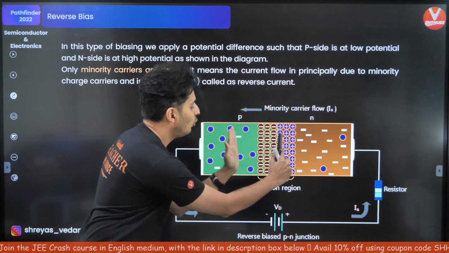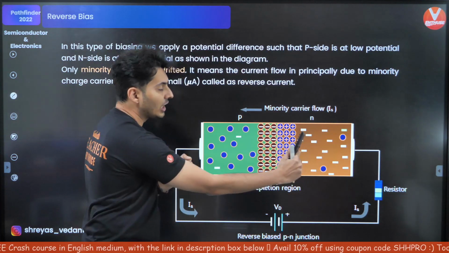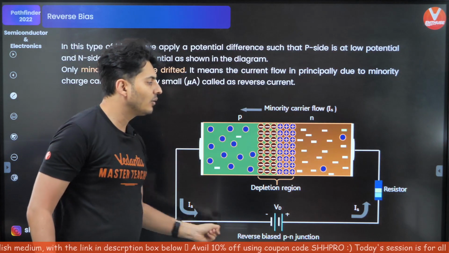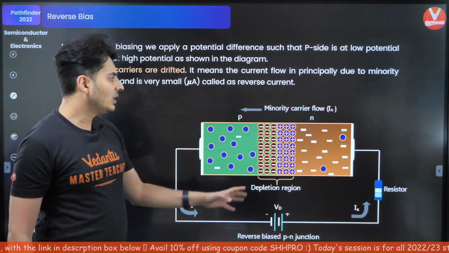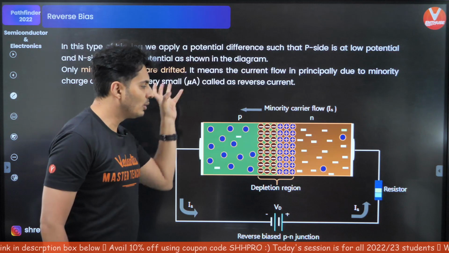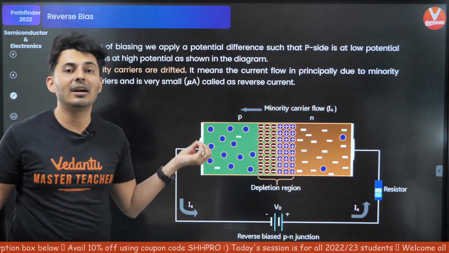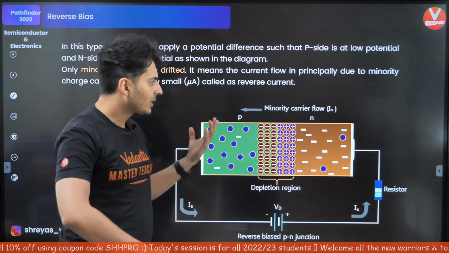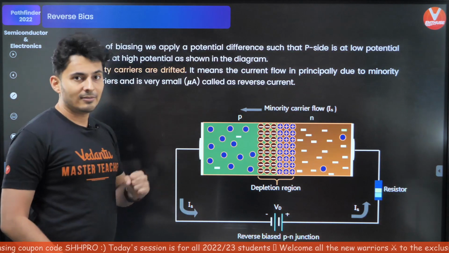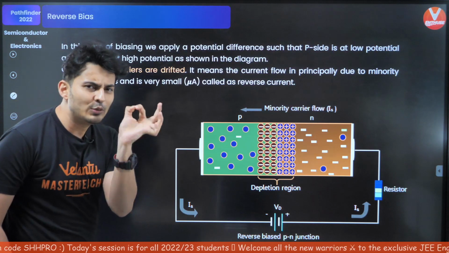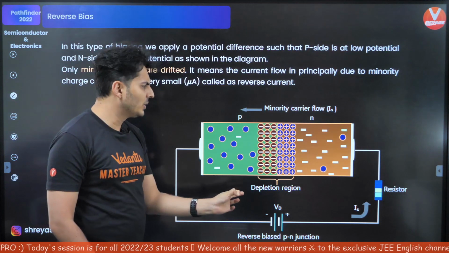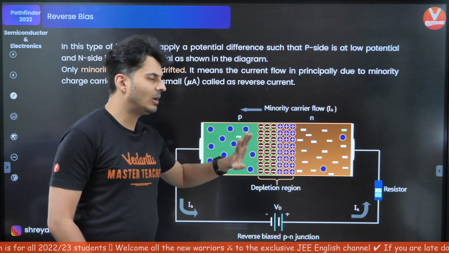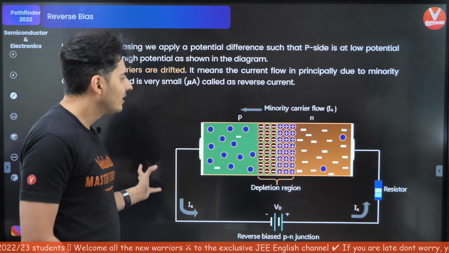So you will see the width of the depletion layer increases and you will hardly see any current flowing in the circuit. So there will be no diffusion which will be happening in the circuit because there will be hardly any electrons to propagate. So that's what is reverse bias, and the only current which will be flowing will be very, very minute. That will be because of the minority carriers. Majority of them will not be flowing. That is your reverse bias.